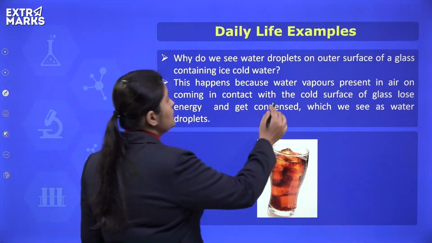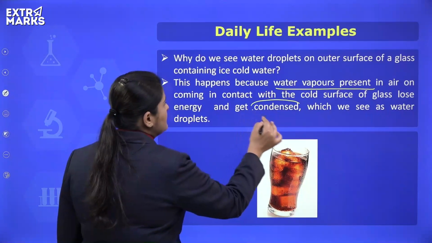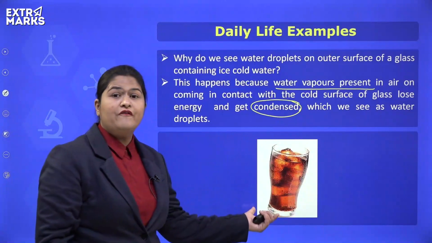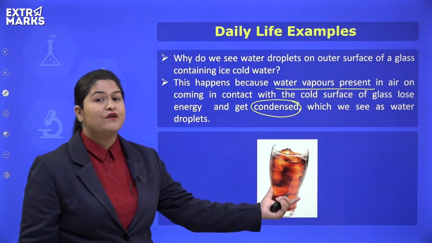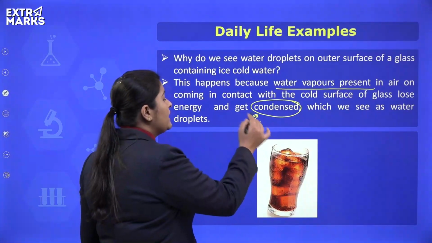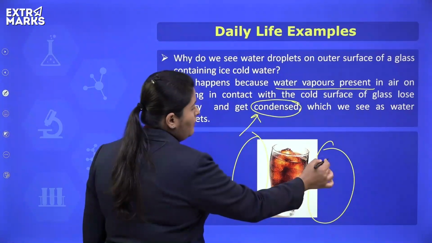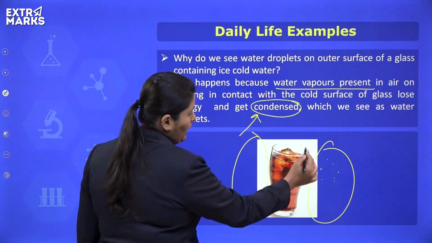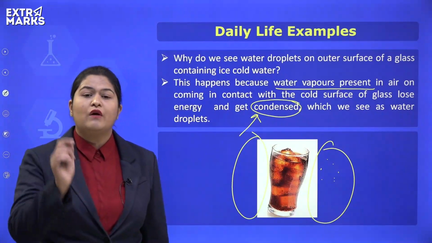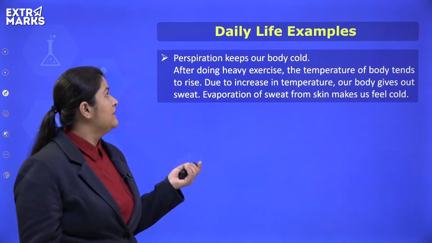This happens because water vapors which are present in the air get condensed on coming in contact with the cold surface. So, the explanation to this particular observation is not evaporation. The explanation is condensation of the water vapors present in the surrounding air. As soon as these water vapors come in contact with the cold surface, they condense and get deposited over there. And that is the reason we are able to see small water droplets on the surface of the glass.